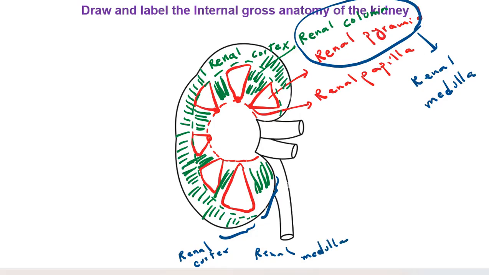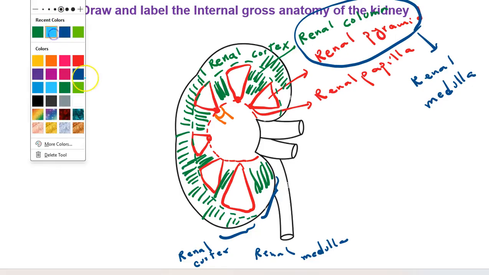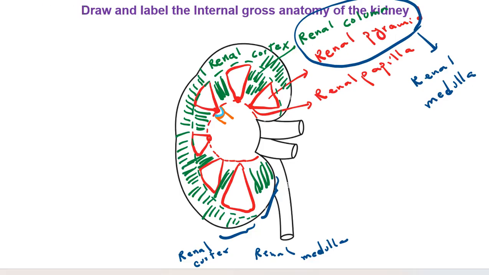And then finally, the last part, which is composed of the minor calyx, this cup-shaped structure. Let me just use another color to see it better. So that little cup is called the minor calyx, which, as you can see, is here to collect the urine directly from our renal pyramid.